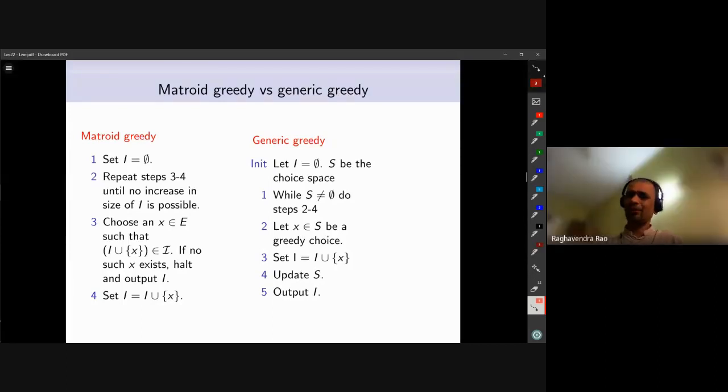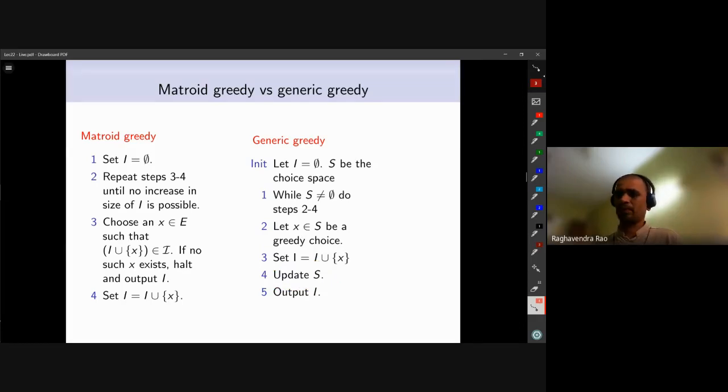It's just notational. I put this as E because we are using the edge set for the graphic matroid. Usually, even for matroids, people use S for the ground set. Otherwise I could have just replaced it with S. There's no big deal with the notation here. The only mild thing is that I put this update as S1, which is not really necessary in the matroid view.